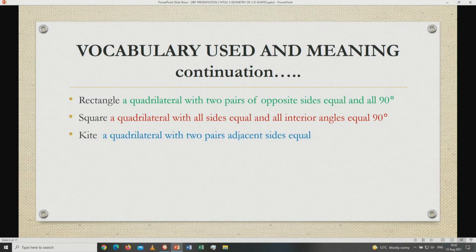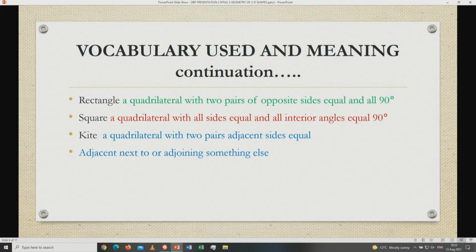Now there's a new word there, guys. Adjacent. Check the word adjacent. So we must be very careful there. Whenever you know a quadrilateral, you talk about four, it's a polygon with four sides, and two pairs is something that I understand. But here, adjacent sides equal. What does that mean? What does adjacent mean?